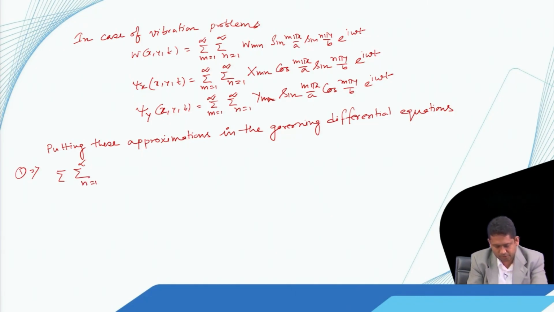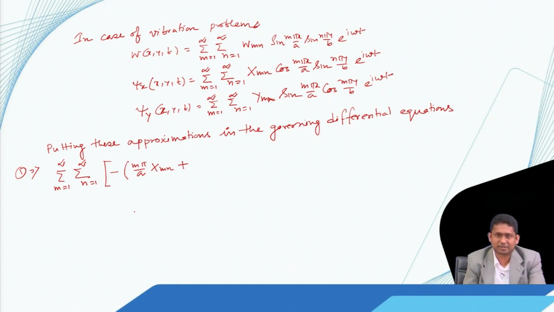So, equation 1 becomes: n equal to 1 to infinity, m equal to 1 to infinity, minus m pi by a into capital X m n.